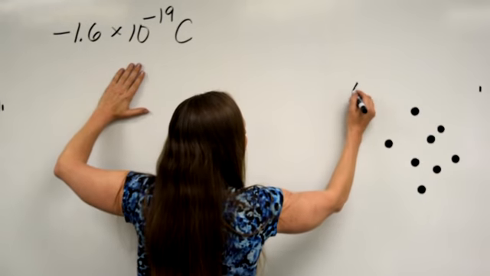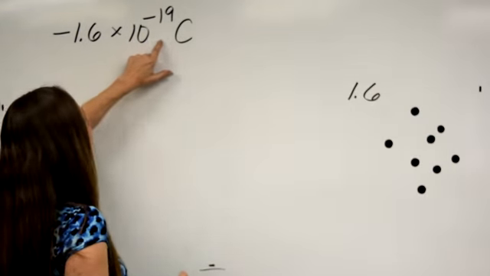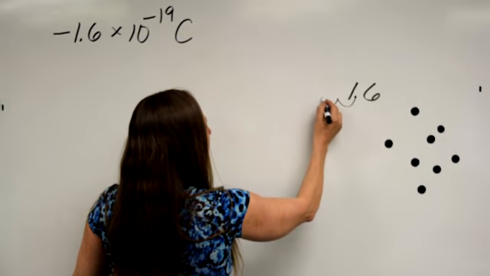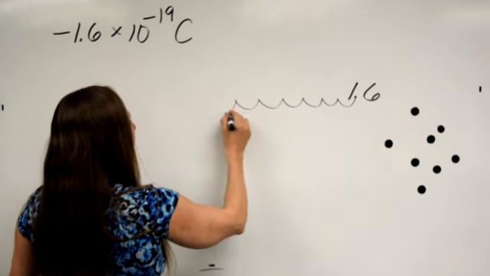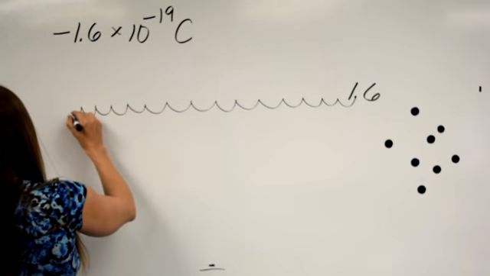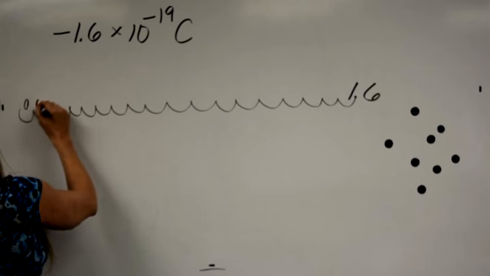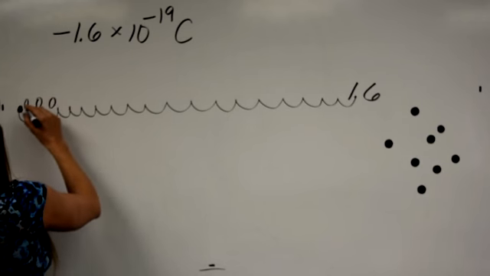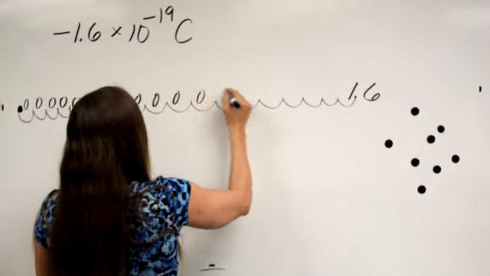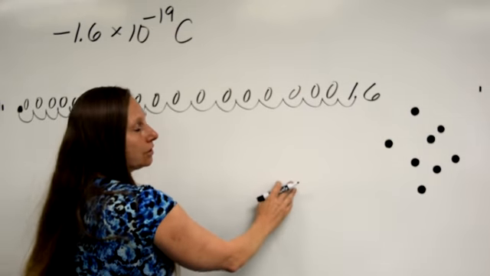Here's 1.6, and we're going to jump 19 places to the left, counting 1, 2, 3, and so on, up to 19.